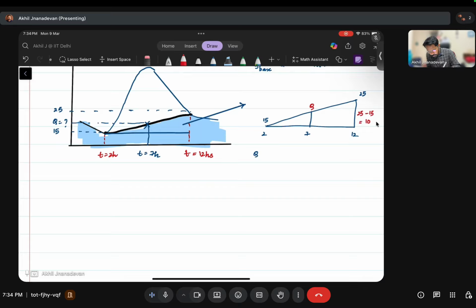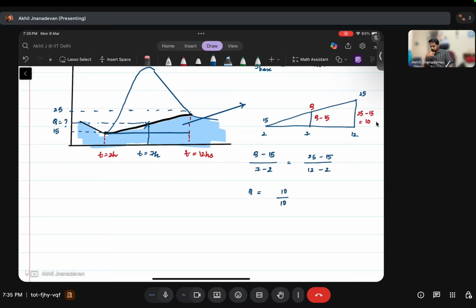So q minus 15 over the horizontal side 7 minus 2 is equal to 25 minus 15, that is 10, divided by 12 minus 2.